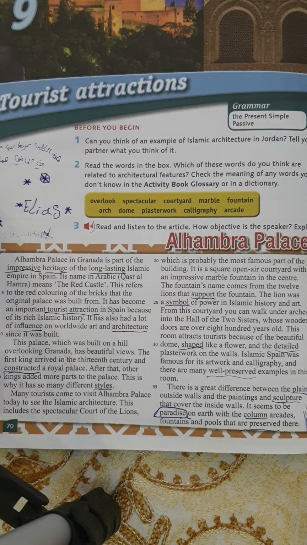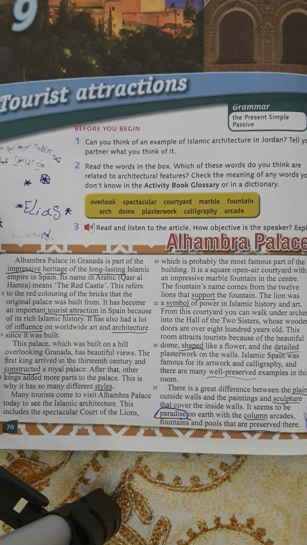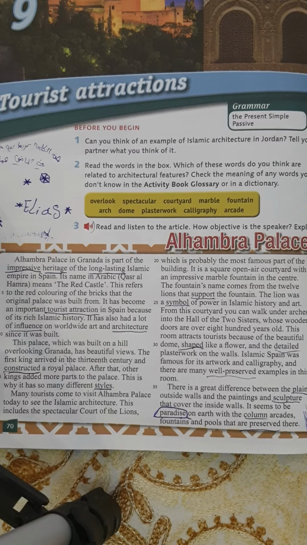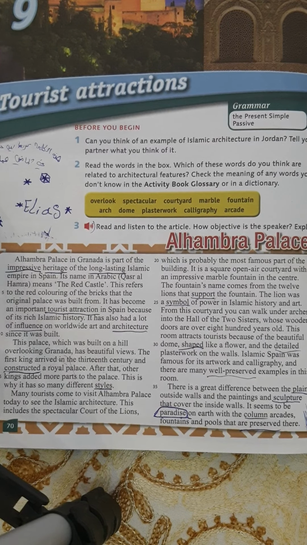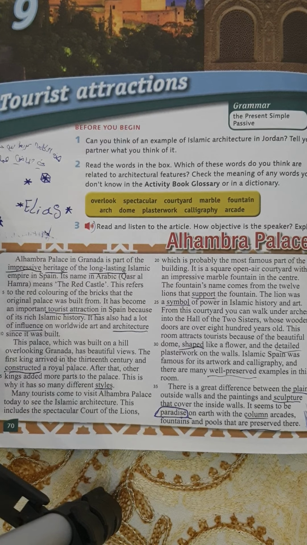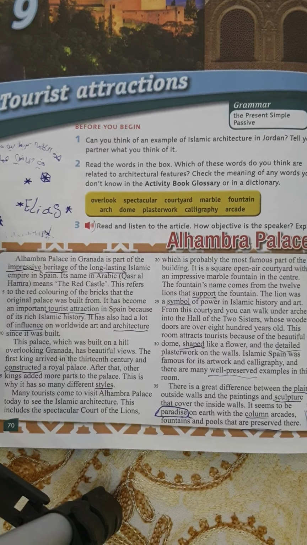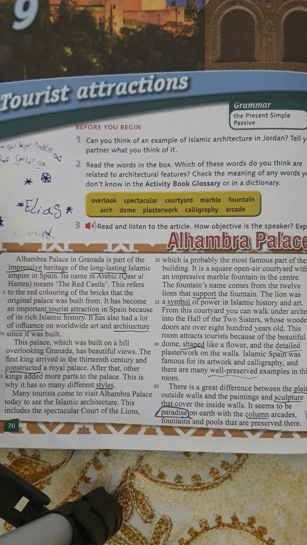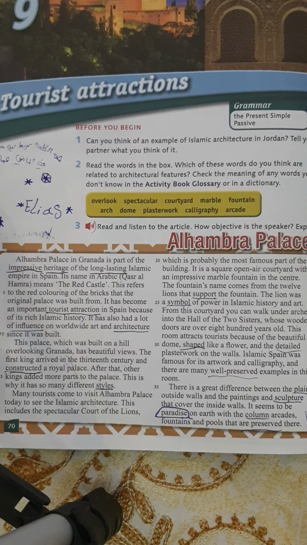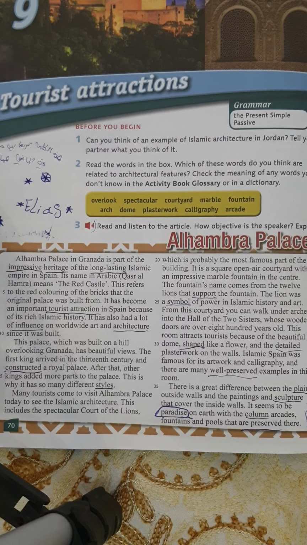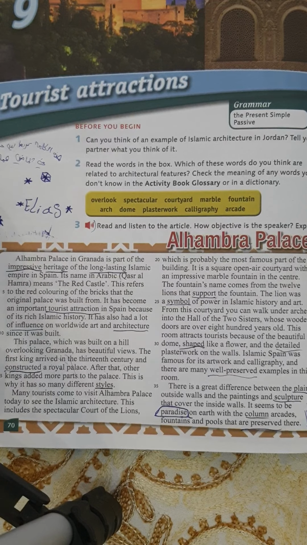And many kings added more parts to this royal palace. That's why it had many different styles, because it was built by many kings with different times and different ages.